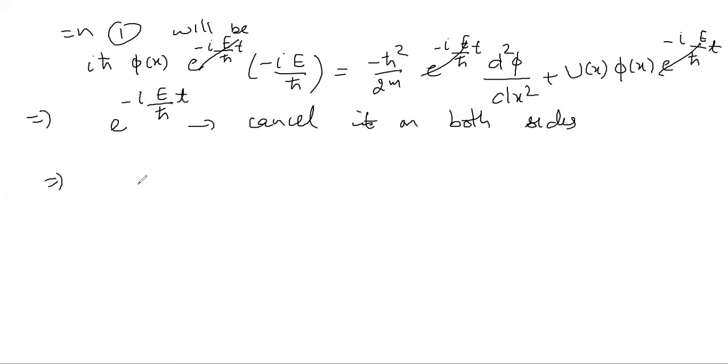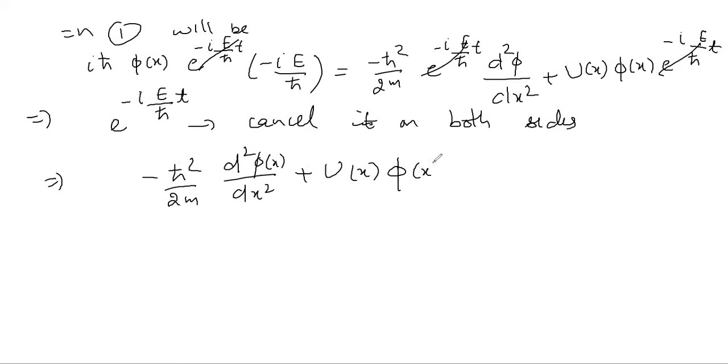What you will get would be minus h bar square over 2m, d2 phi over dx2, plus u, which is a function of x, phi, which is a function of x, is equal to iota square minus 1. Minus minus would become plus here.